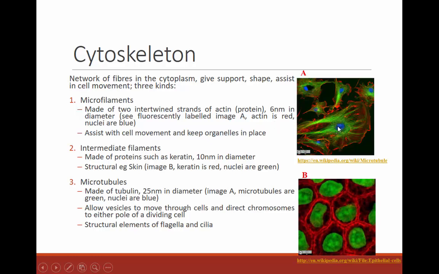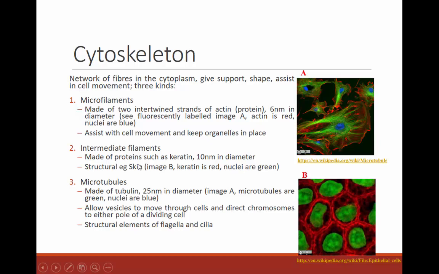So you've got the nuclei here and the actin, so these red bits are part of those microfilaments. Okay, so this is different types of staining. And why are they there? They actually help with cell movement and also keeping the organelles where they should be, or moving them, or allowing them to move if they need to be moved.